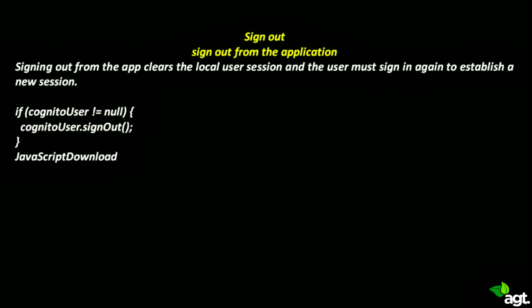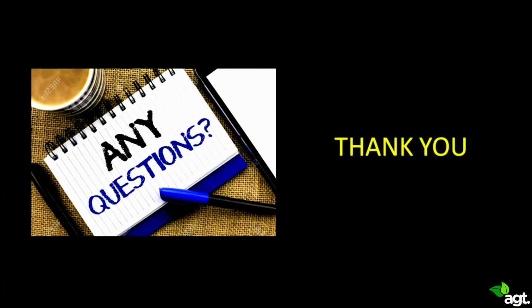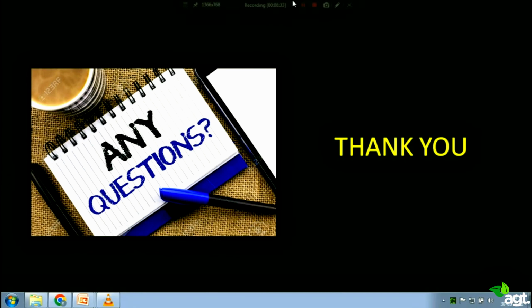How about the sign out process? Signing out from the application clears the local user session, and the user must sign in again to establish a new session. The sign out process will be sign out from the application, or sign out globally. And if you want to delete the user, meaning deleting authenticated users, this code will work. Okay, my dear students, I hope you have enjoyed the specific code session. Thank you once again. Thank you all.